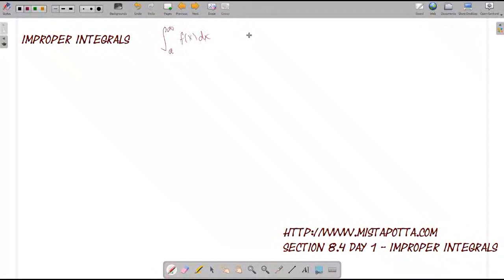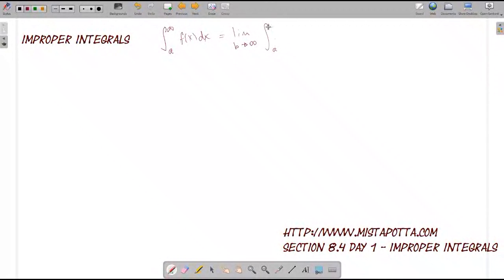And the way that we approach this is we're going to be treating this as a limit, as some value which I'll call b approaches infinity.